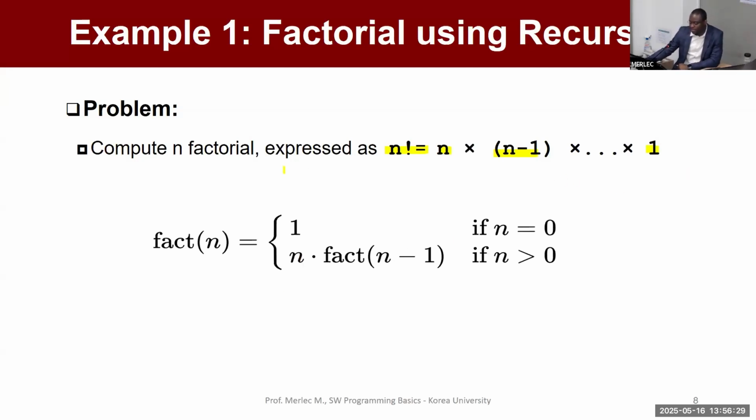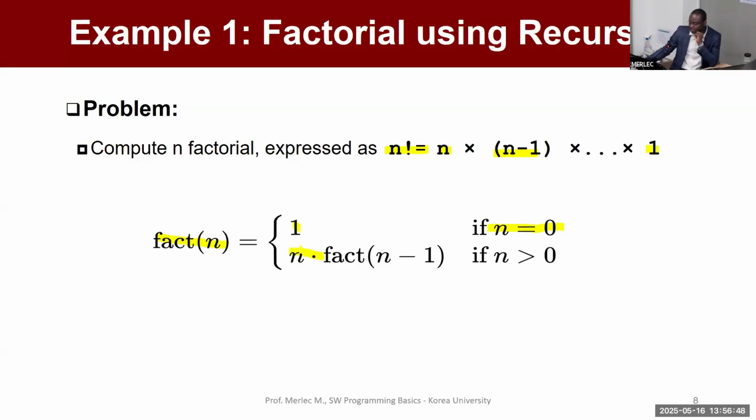This can also be expressed as follows. The factorial of n is equal to 1 if n is equal to 0, and is equal to n times the factorial of n minus 1 if n is greater than 0.